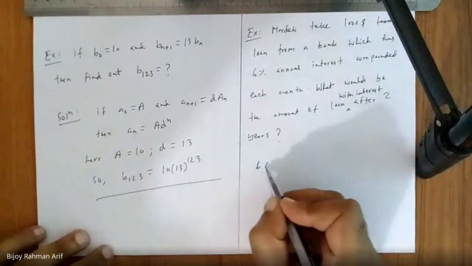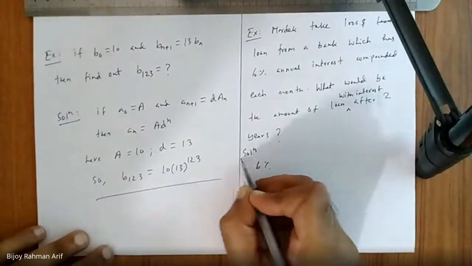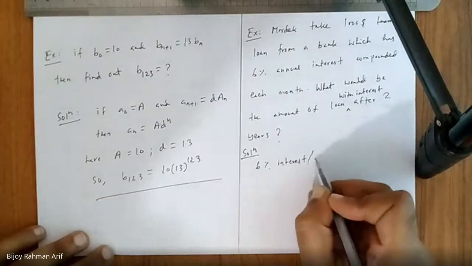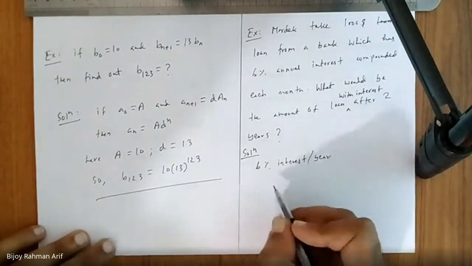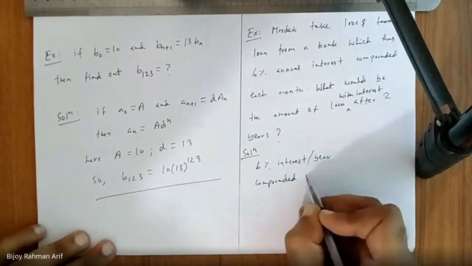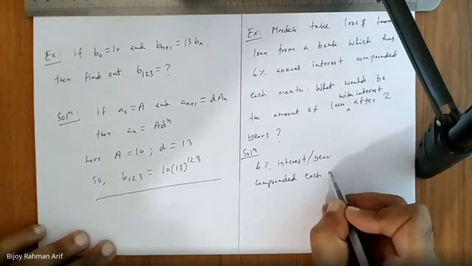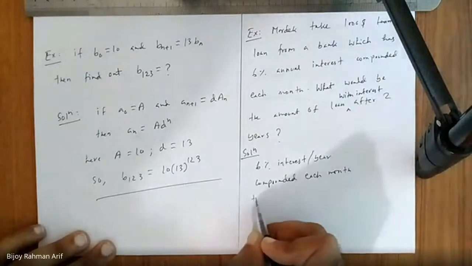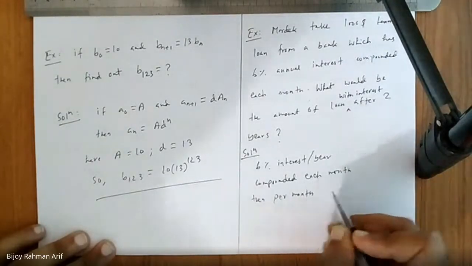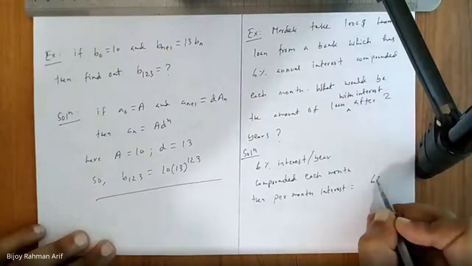So the solution is like this. 6% interest per year compounded each month, then per month interest is 6% divided by 12.